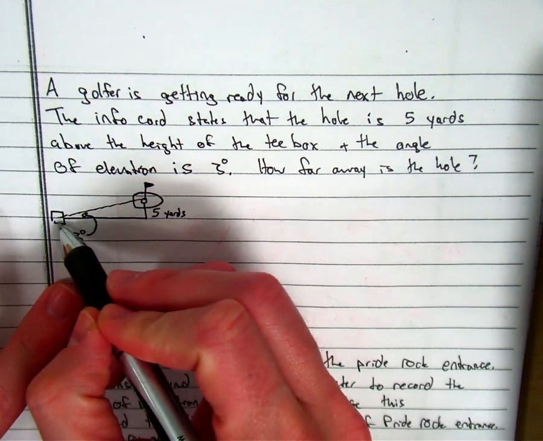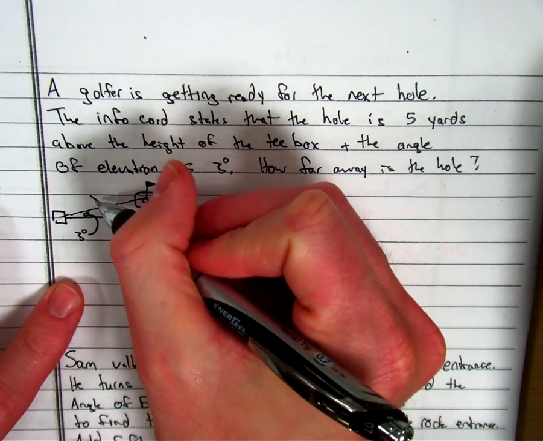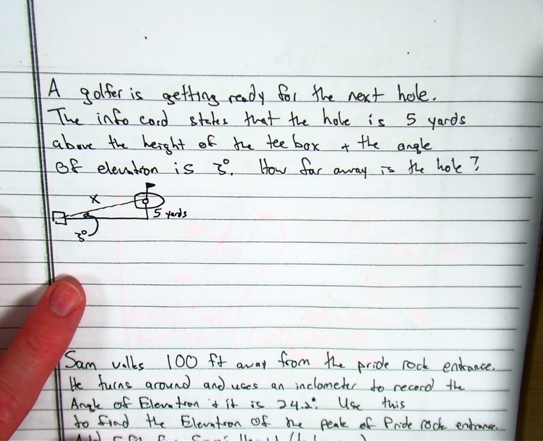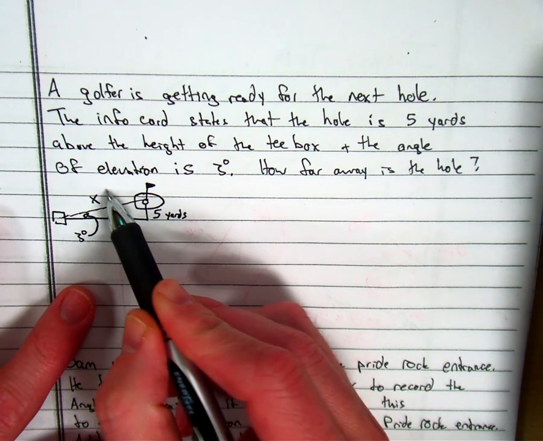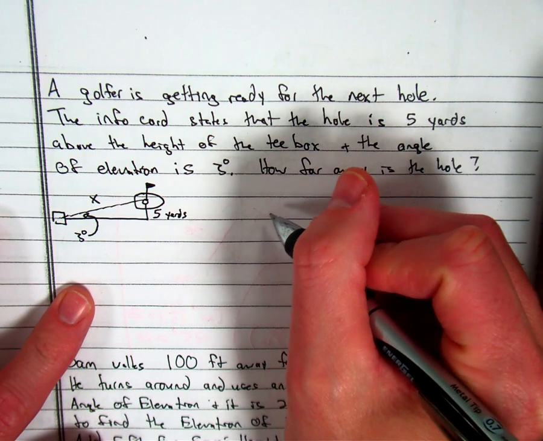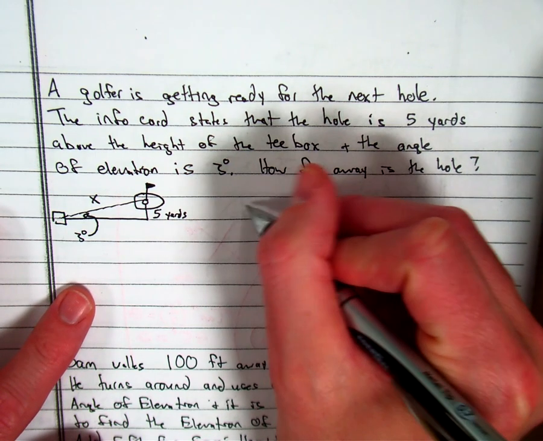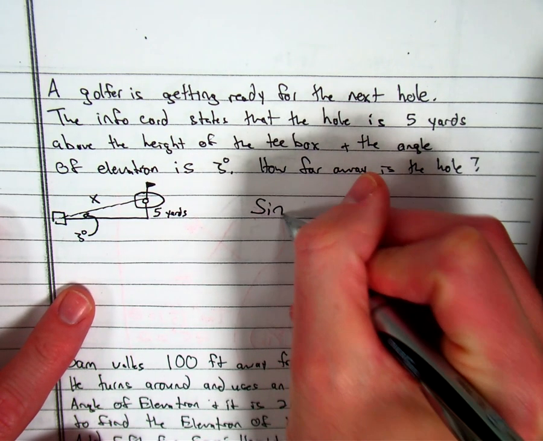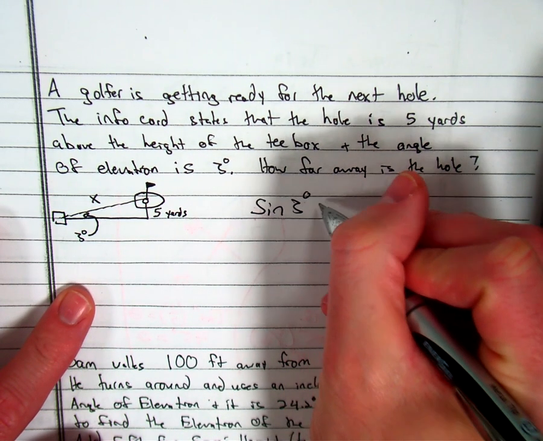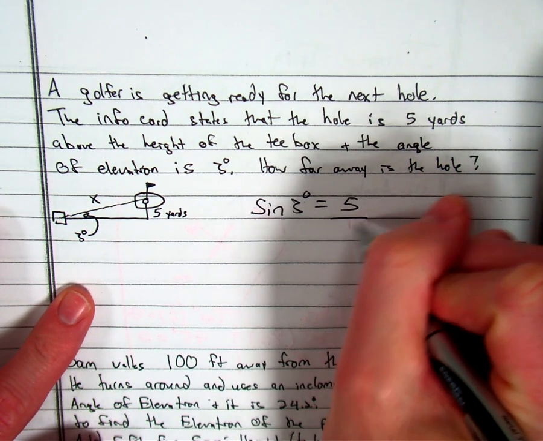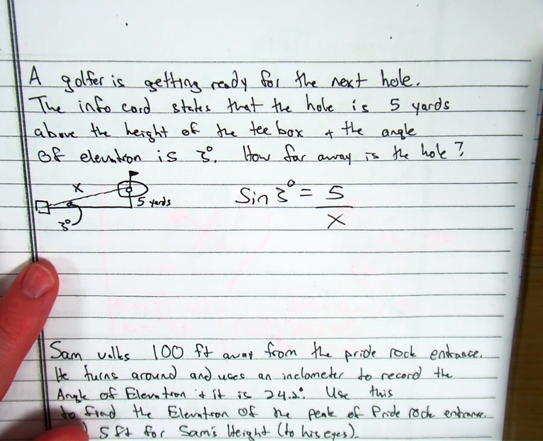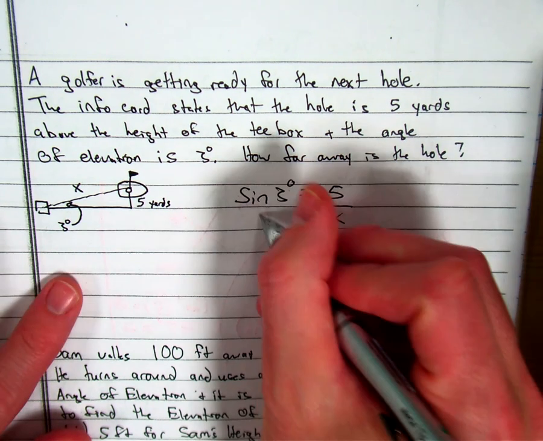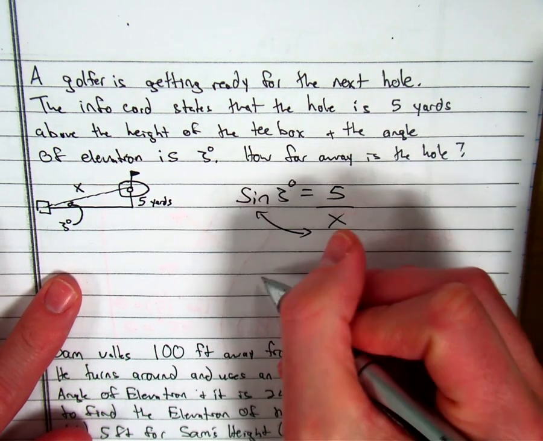Alright, so we can't go underground with the ball, so this is the way we want. Okay? So we have 3 degrees, we have opposite and hypotenuse. Opposite and hypotenuse, that's going to be sine. So we're going to go sine of 3 degrees equals 5 over x. Okay, this is one from yesterday when x is on the bottom. We can just flip-flop.